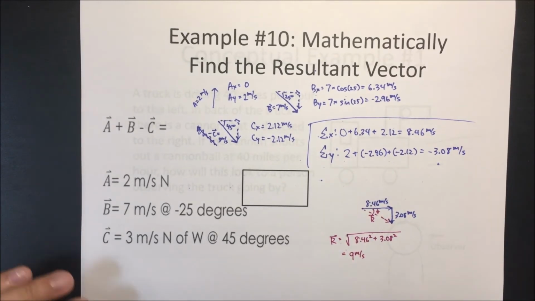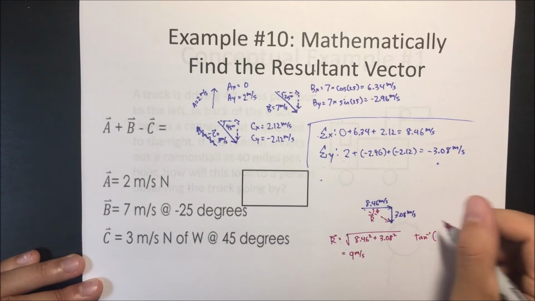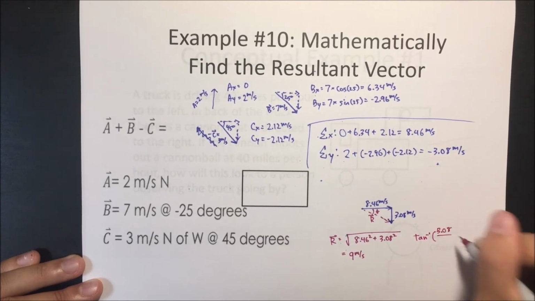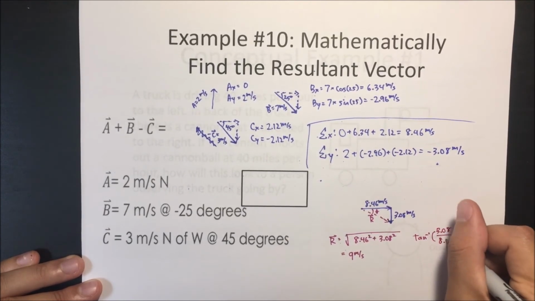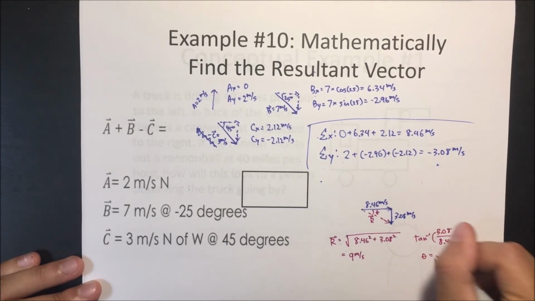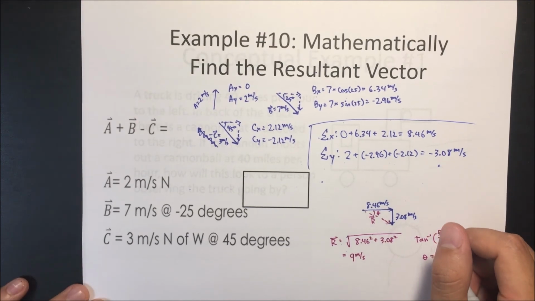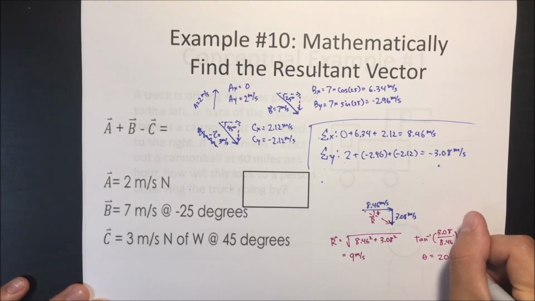Right. Okay, and then let's find the theta here. So inverse tan, opposite 3.08 over adjacent 8.46 is equal to theta. And then theta equals 3.08 divided by 8.46, 20 degrees.